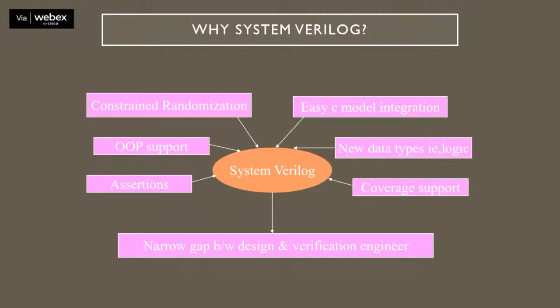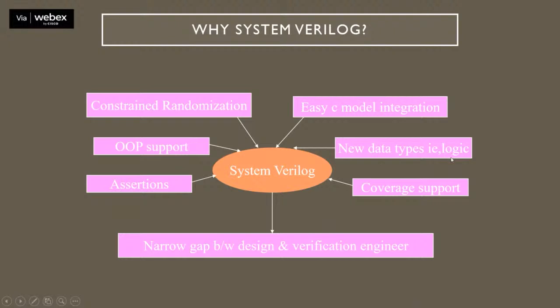Along with that, you need to give some inputs that can be used to validate the behavior of the design. Hence you are given the feature of assertions. These mainly help us check our protocol and also the coverage. Along with this, there is a new data type included, called logic.